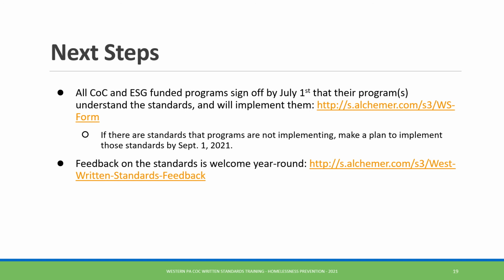And then there's a couple of months where you could work on that rollout. The expectation is that if there are standards that the programs are not yet implementing, that plan will be in place by September 1st, 2021.